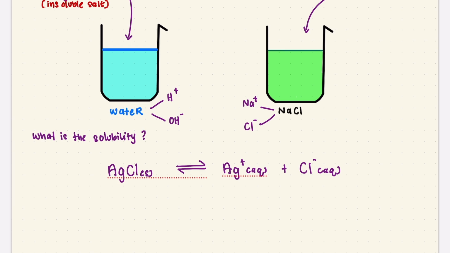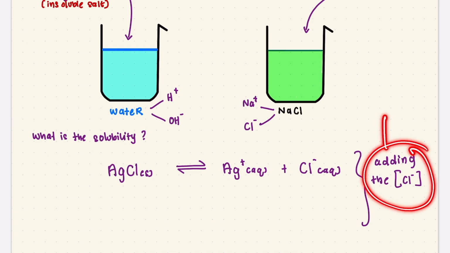Now, according to Le Chatelier, if you still remember, if you can relate with chapter 6, since there is a common ion here, which is chloride ion, that means we are adding the concentration of chloride ion. So what will happen? Now, this is the disturbance.